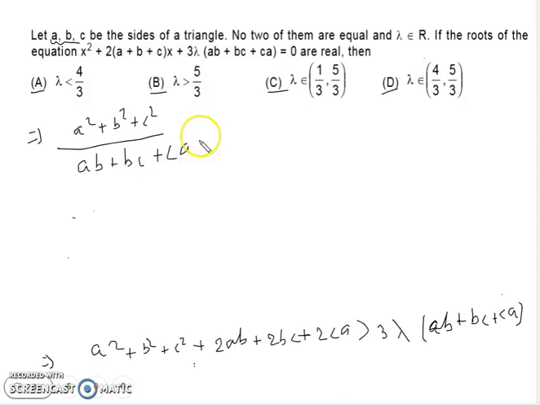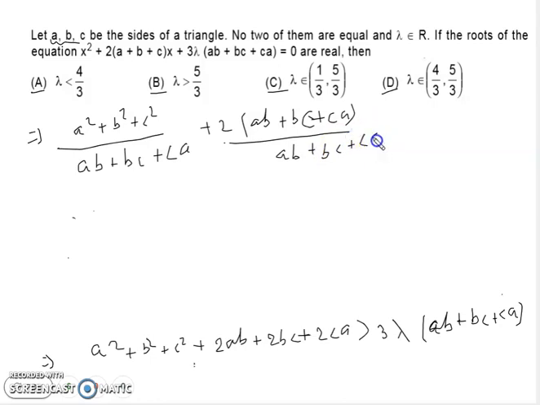And this term plus, after taking the 2 as a common, we can write here 2 into (ab plus bc plus ca) divided by (ab plus bc plus ca), we will get the value is greater than 3 lambda, right?